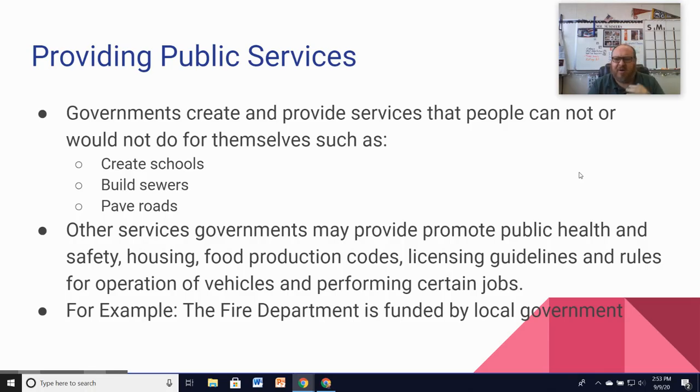It could be public health, safety, housing and housing regulations, food production codes, so we don't get sick eating the food that's produced by our friends and neighbors, licensing guidelines and rules for operation of vehicles and performing certain jobs like being a doctor or a lawyer, things like that. The fire department is funded by local government. That's a public service that is provided.